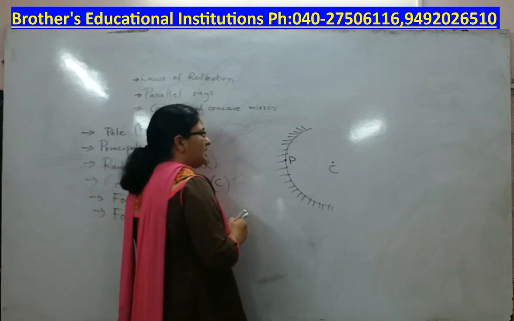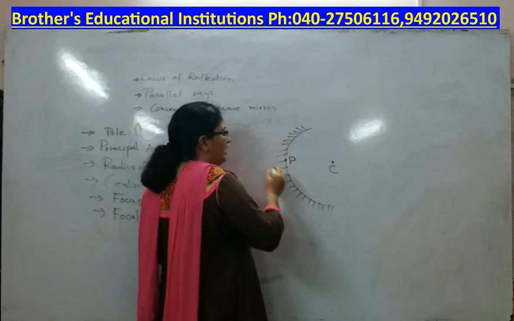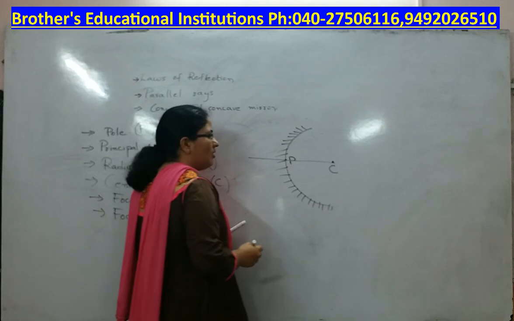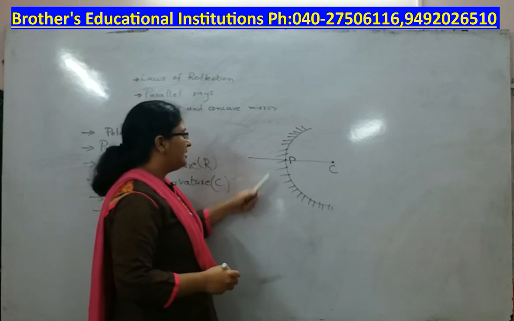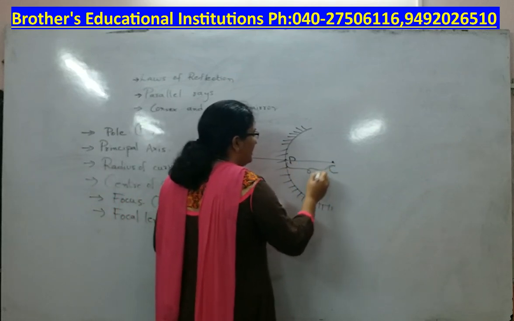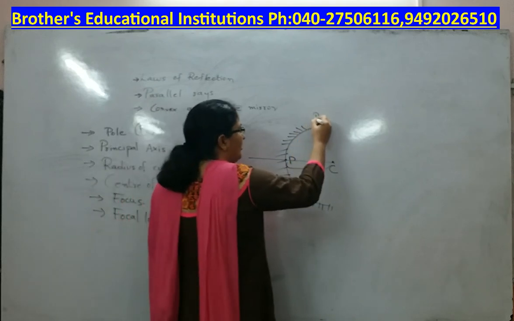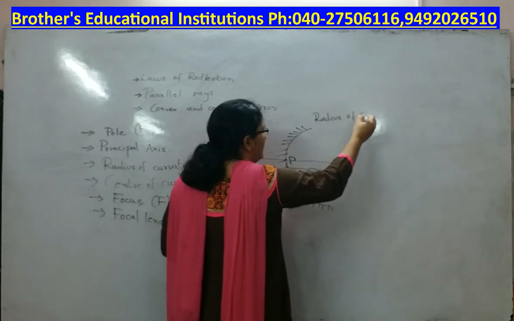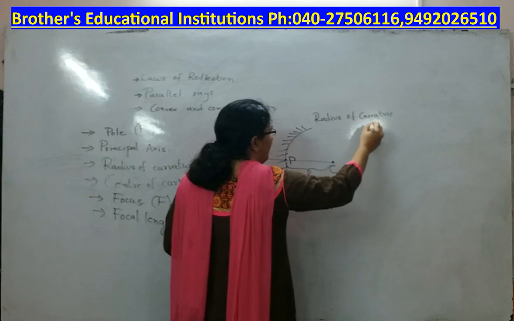That is called the center of curvature and it is denoted with C. Now, the line passing through the pole and the center of curvature is called the principal axis. And the distance between P and C is called the radius of curvature, and it is denoted with capital R.